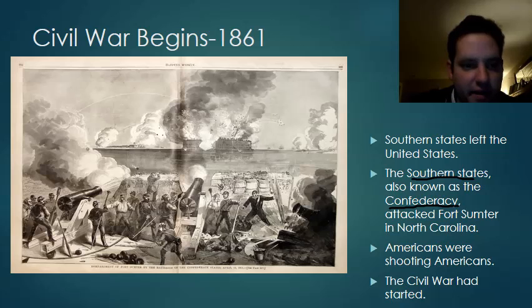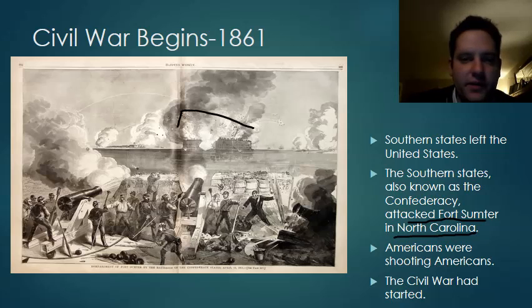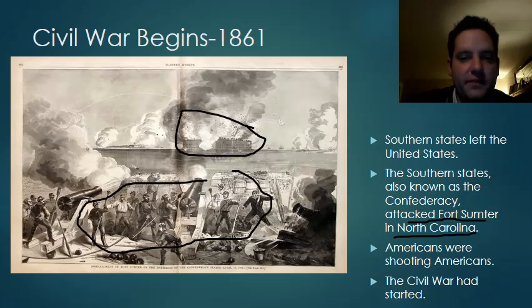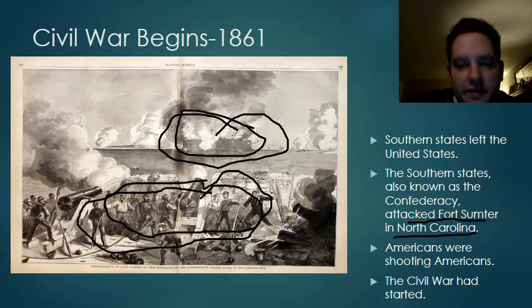Right there. So what they do is they attack Fort Sumter in North Carolina. Here's Fort Sumter, and here's the Confederacy, the South. Now, at this time, both these people and these people are Americans.